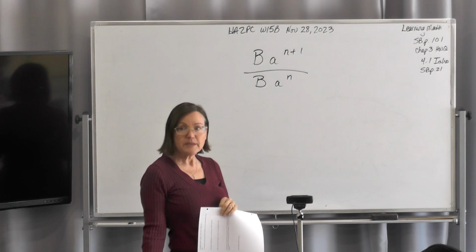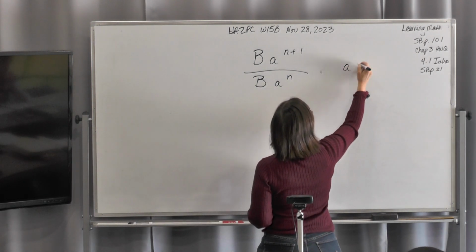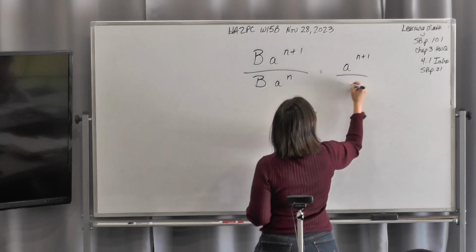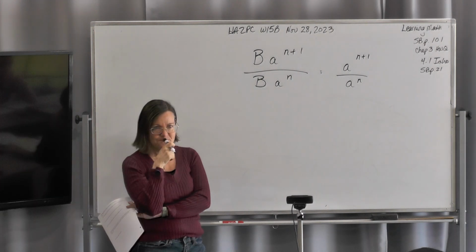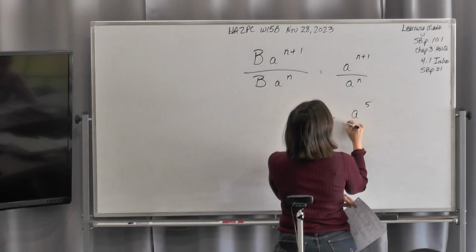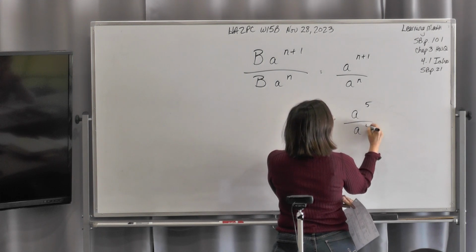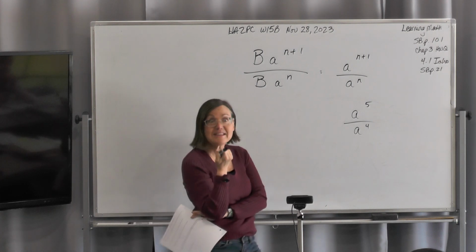The b's would cancel. Easy to see that. So I would get a to the n plus 1 over a to the n. Let's just say I have a to the 5th over a to the 4th. What would happen? Just a. Do you guys see that?